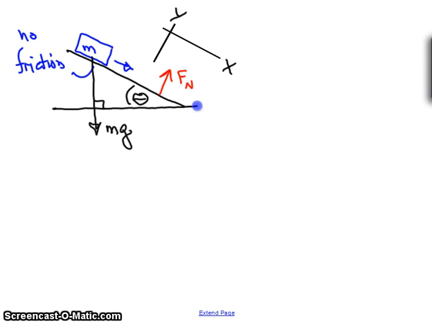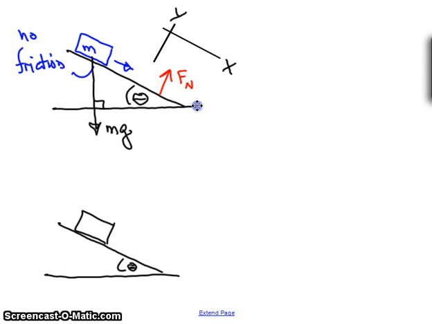What we're going to do now is look at how we get the components of the weight parallel and perpendicular to the ramp and to the direction of the mass. So I'm going to redraw that down here. There's the ramp, the incline at angle theta. And there's the object.